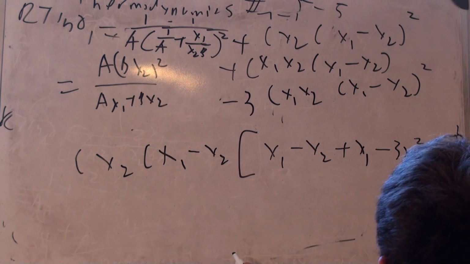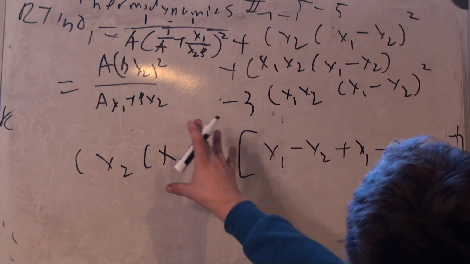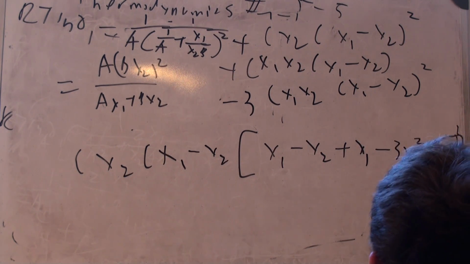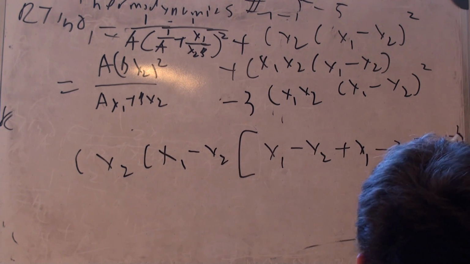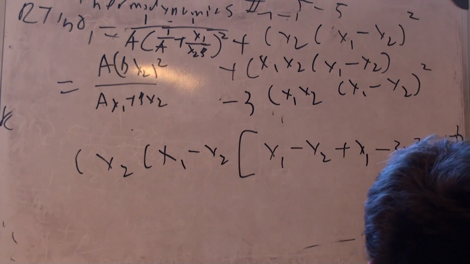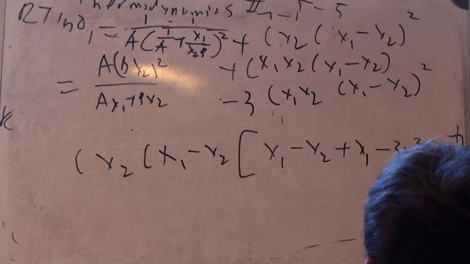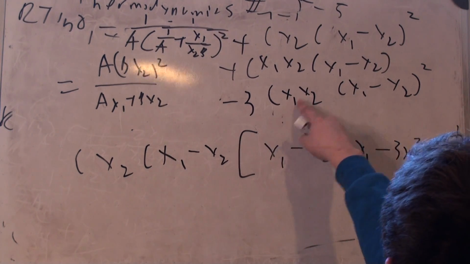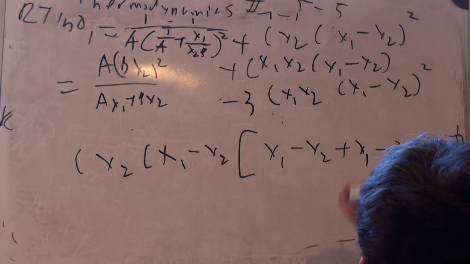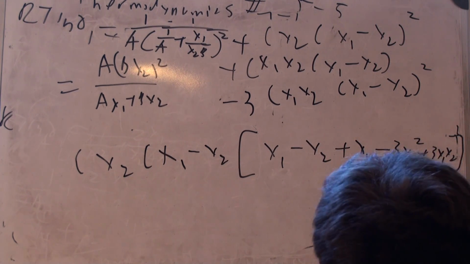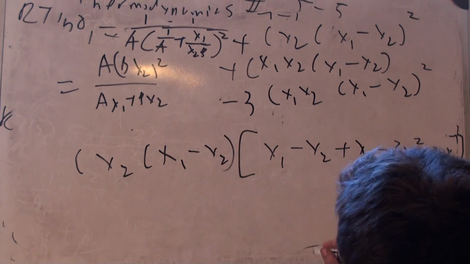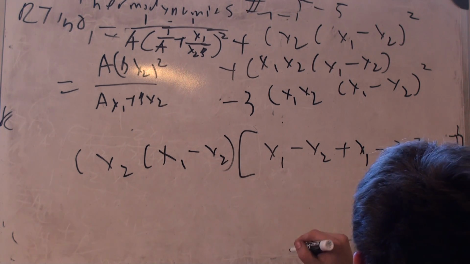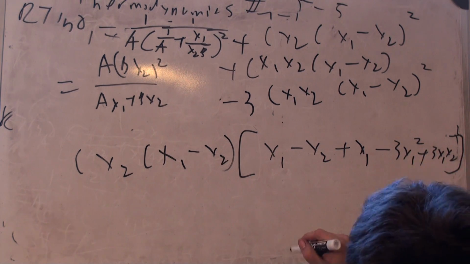Oh wait, because I pulled that one out, it becomes 3x1 squared, 3x1 x2. That's also minus and minus, so plus 3x1 x2. So I pulled that one out, so I have x1 times x1 minus x1. Okay, and then I have a hot mess, if you ask me.